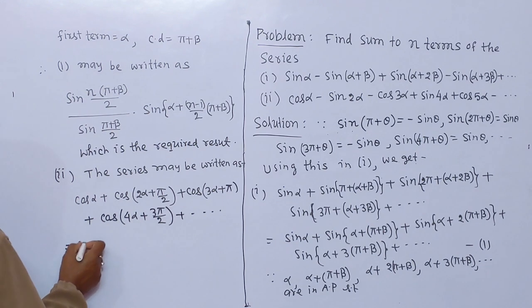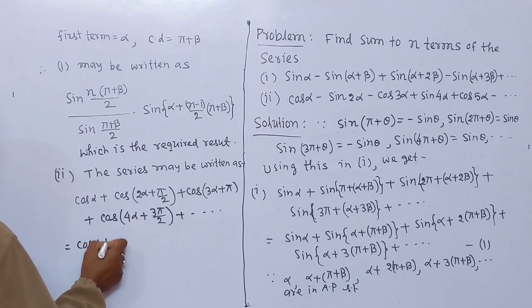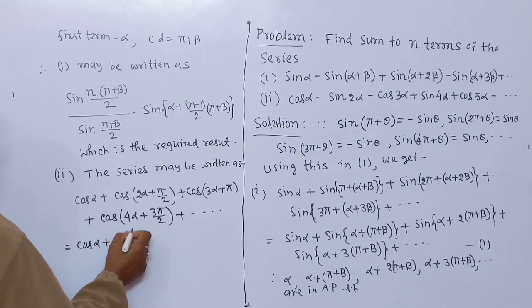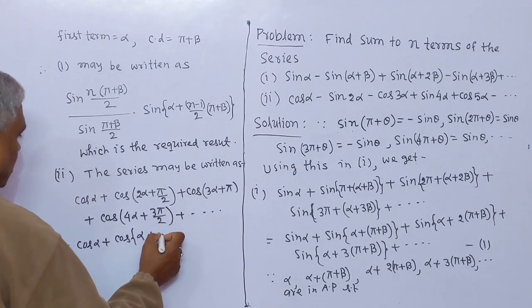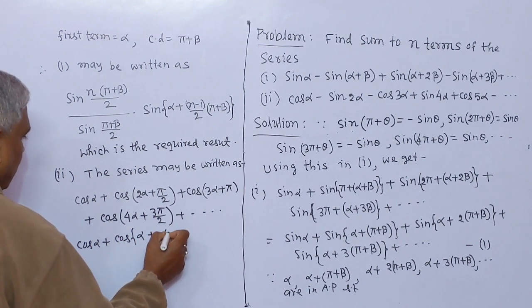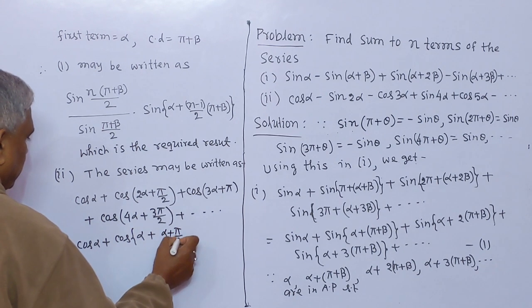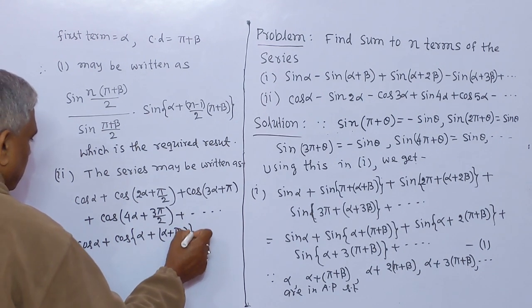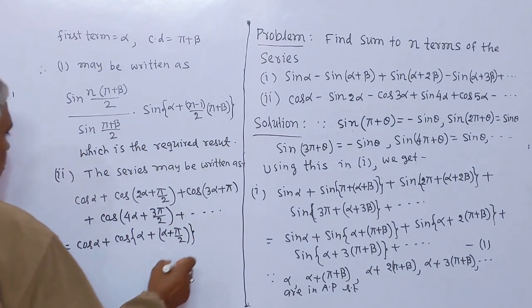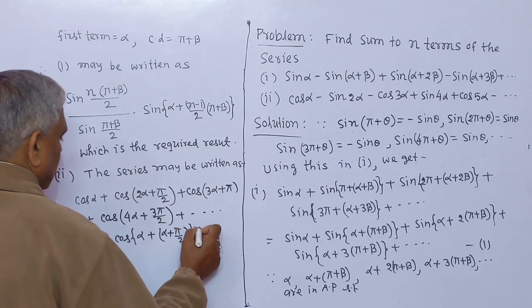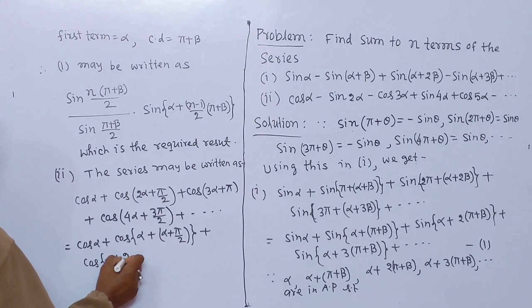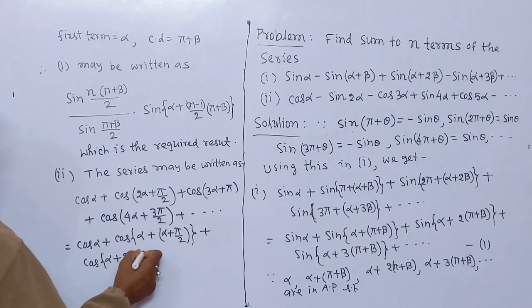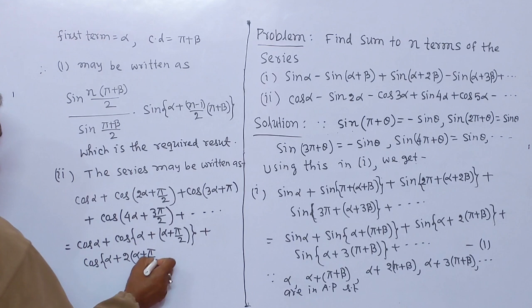This is equal to cos alpha plus cos alpha plus alpha plus pi by 2 plus cos alpha plus 2 alpha plus pi by 2.